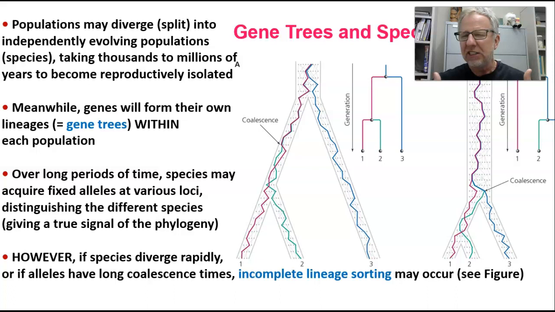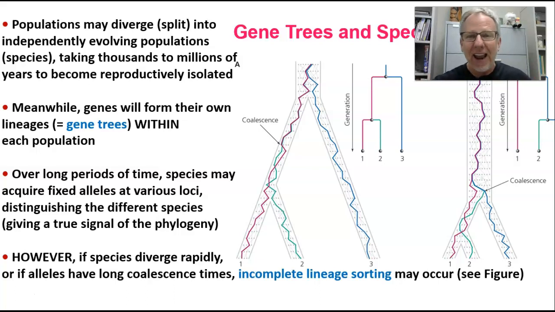But if species diverge rapidly, if lineages are splitting pretty quickly, then incomplete lineage sorting might happen. And incomplete lineage sorting occurs when gene trees do not match species trees. And the figure that's presented here on the slide is showing you how this can happen.